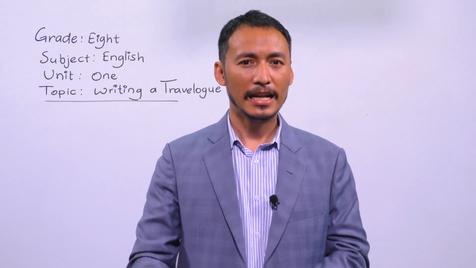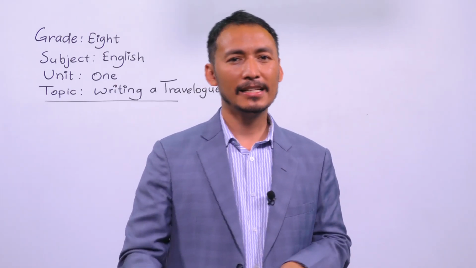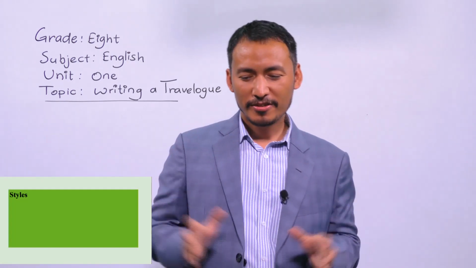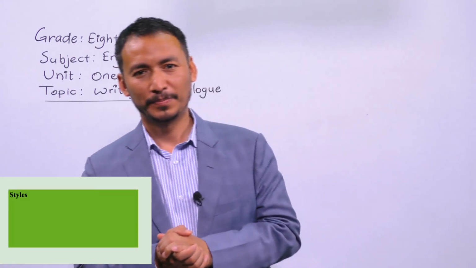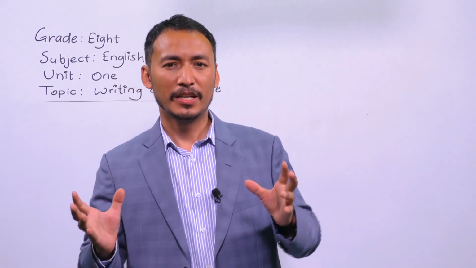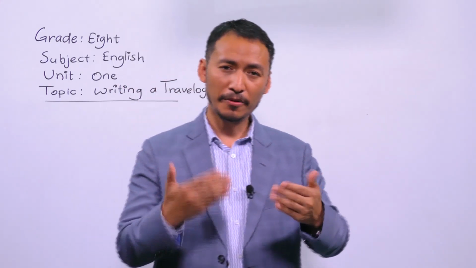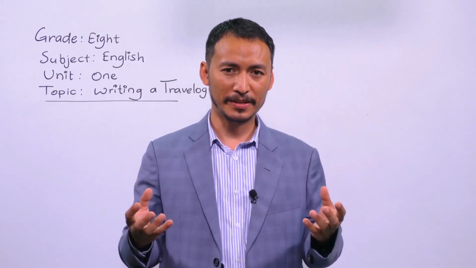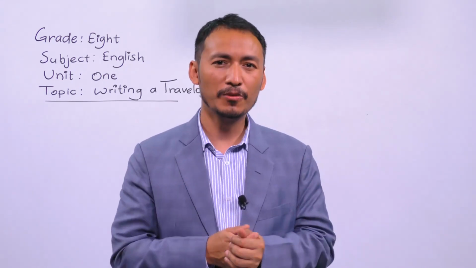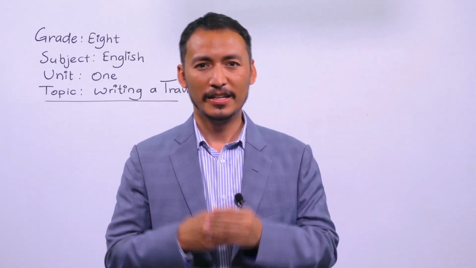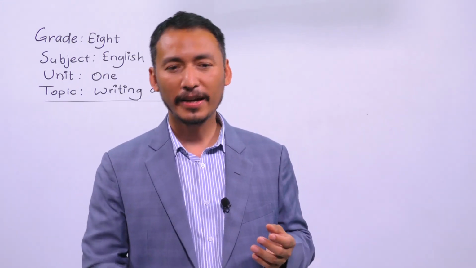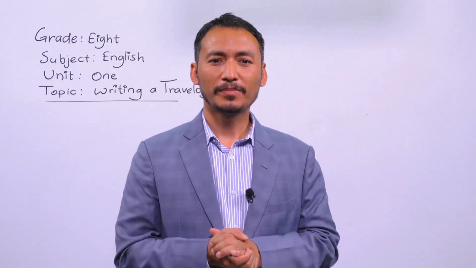Okay, let's talk about its style. You can write in different ways. Styles means how you present your information. There are mainly two ways you can develop your travelogue. One can be informative.